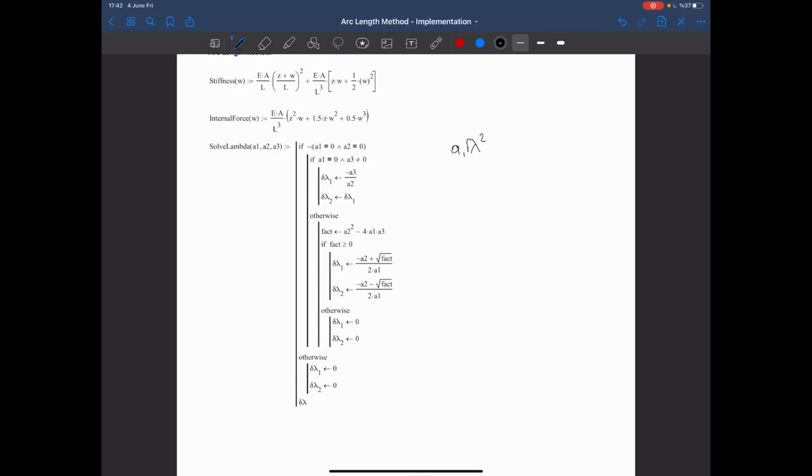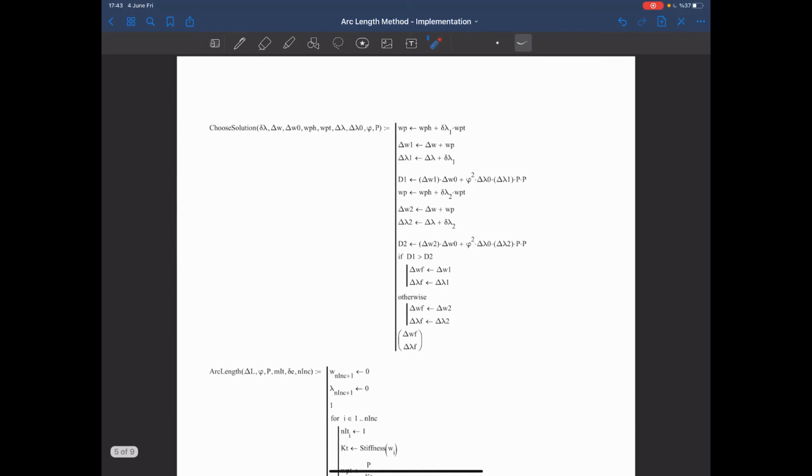A1 delta lambda squared plus A2 delta lambda plus A3 is equal to 0. Of course, depending on these values, you may not have a result, you may not have a root. And in that case, if we don't have a root, I'm just making these lambdas equal to 0. So this algorithm is nothing but the solution of a quadratic equation, and it gives me these two roots, lambda 1 and lambda 2.